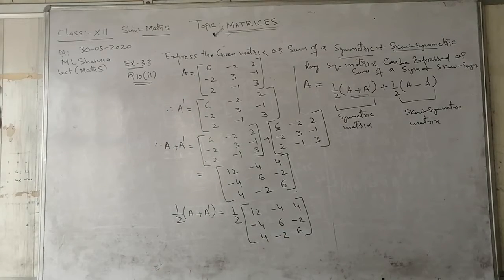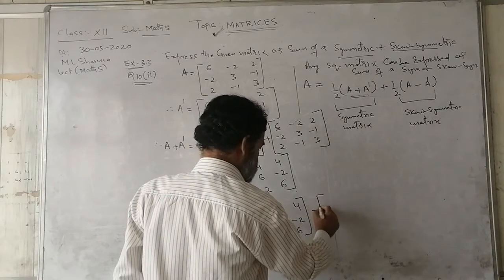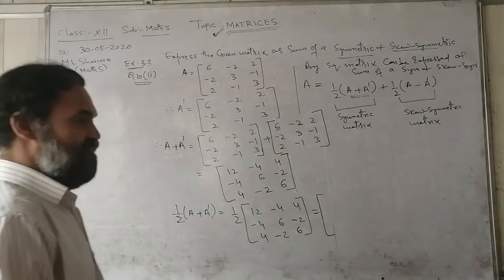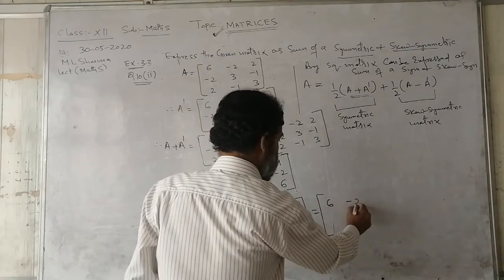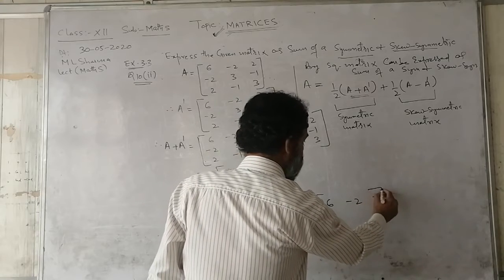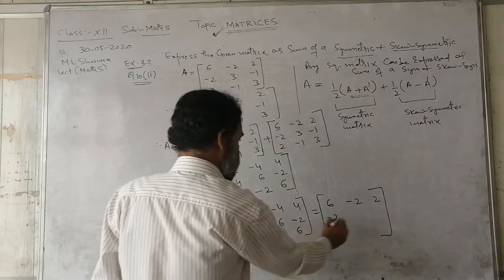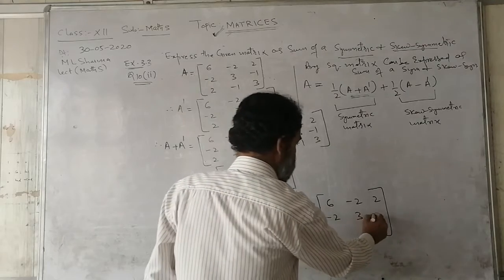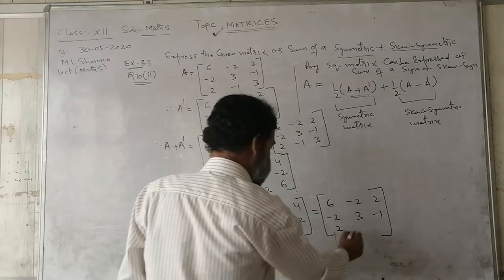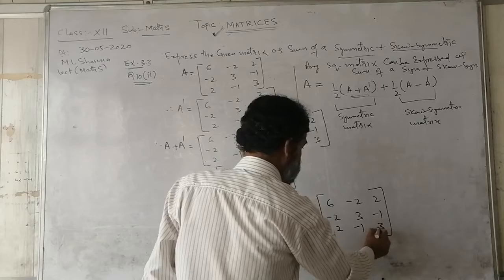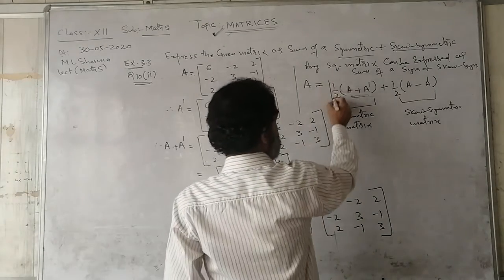So if I multiply the matrix elements with 1 by 2, so I will have 6 here, -2 here, and 2 here. Again -2 here, 3 here, -1 here, 2, -1, and 3. So this is the value of this first component.